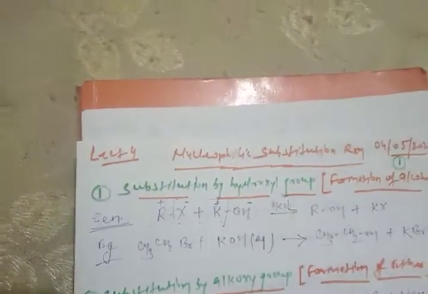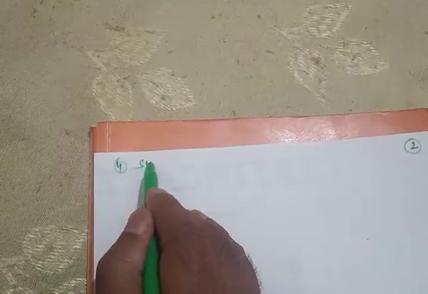This is very interesting and conceptual as well, so do take care of this. So this is page number one, and then we have page number 2. This is reaction number 4, substitution by nitrite group.